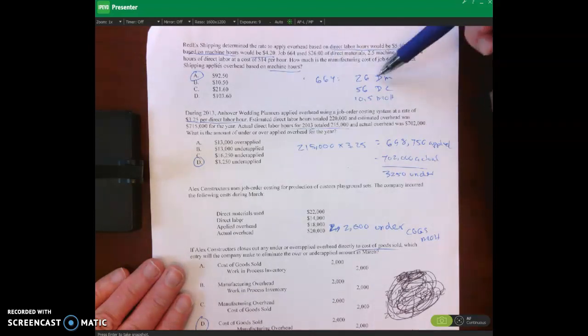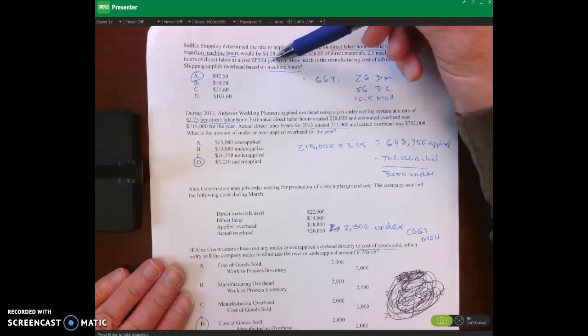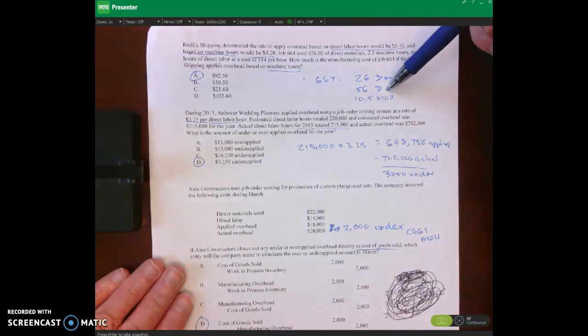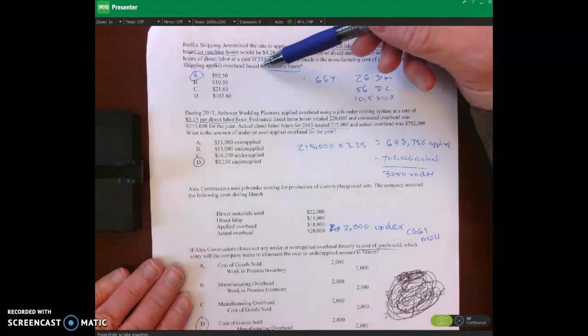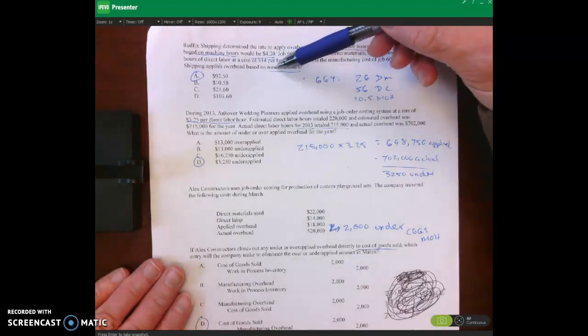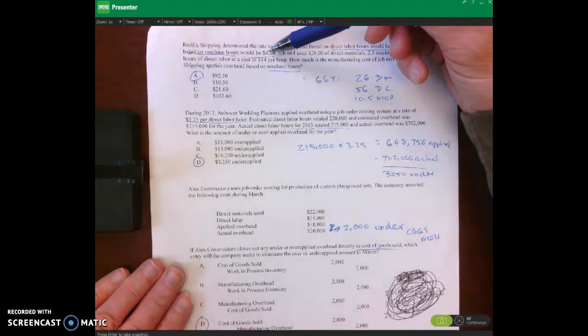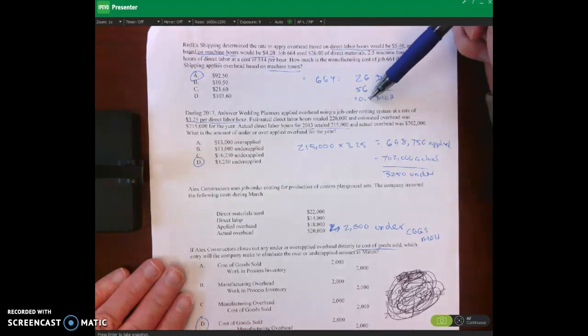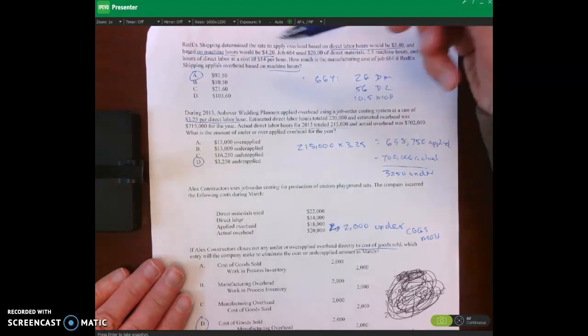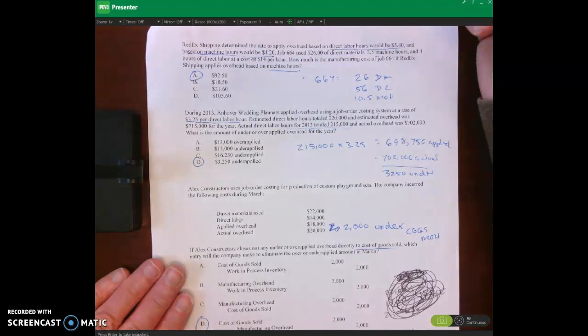We're told $26 of materials, and 4 hours at $14 an hour gives us $56 of direct labor. Then if we apply overhead on the basis of machine hours, we take 2.5 machine hours times our rate of $4.20 per machine hour, which gives us $10.50 for manufacturing overhead. This plus this plus this gives us $92.50, which is the total cost of the job.